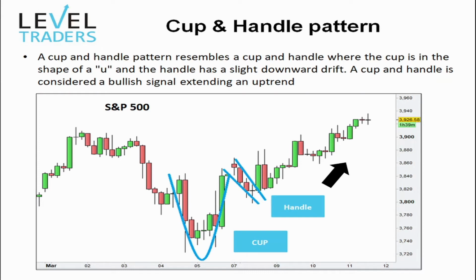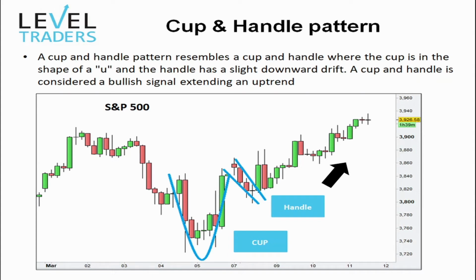So the smaller the retracement, the more bullish the formation and significant breakout. Sometimes it's better to wait for the price to break above the resistance area, i.e. the handle. So once that's established and you've got above the highs of the cup, then it's more likely that you're going to see a continuation of that. So that's probably a good idea when it comes to trading this cup and handle pattern.